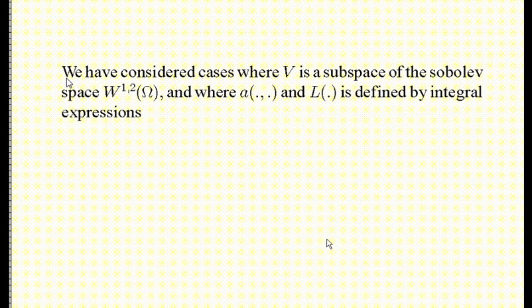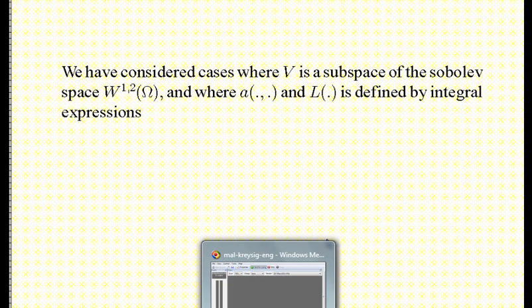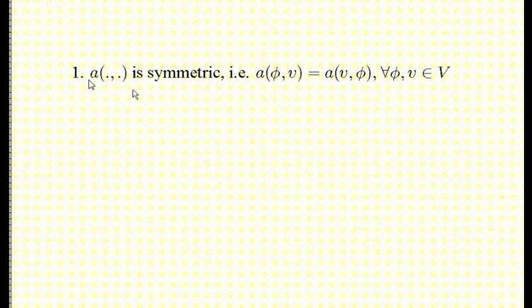So let me just emphasize that we only have considered cases where this capital V is a subspace of this large Sobolev space, and where these bilinear form and linear form are defined by typical integrals, which we have seen many examples of. So let us now say some more about these four conditions.